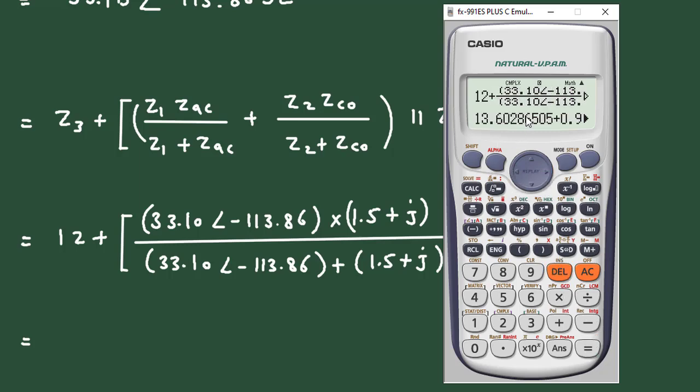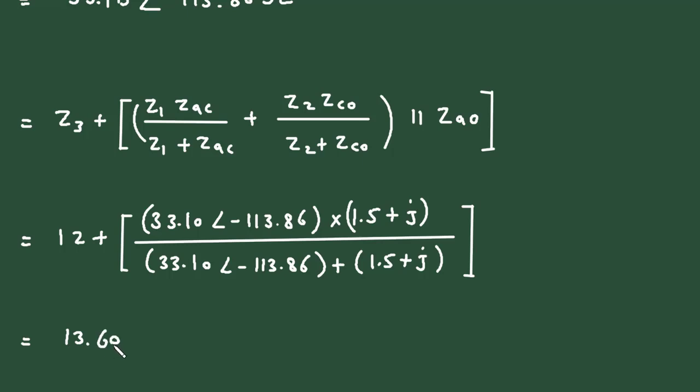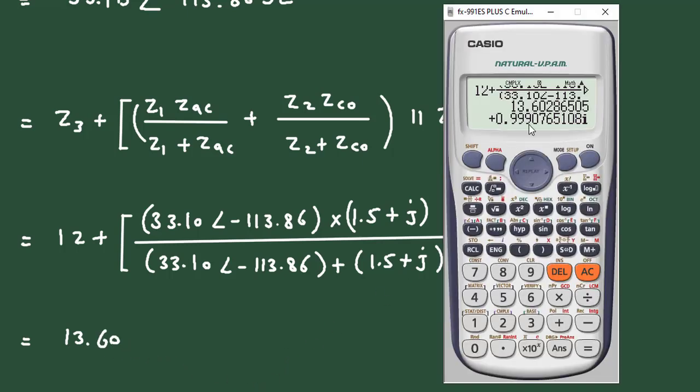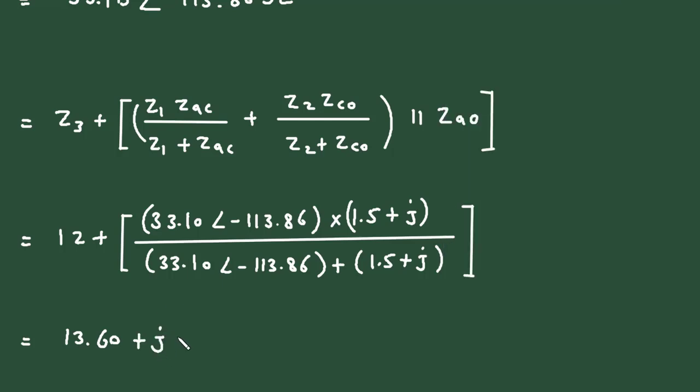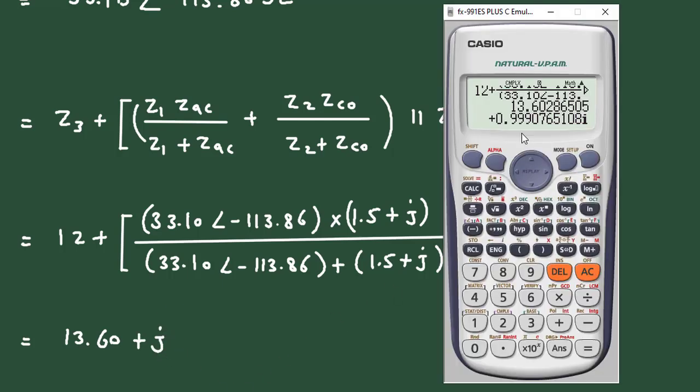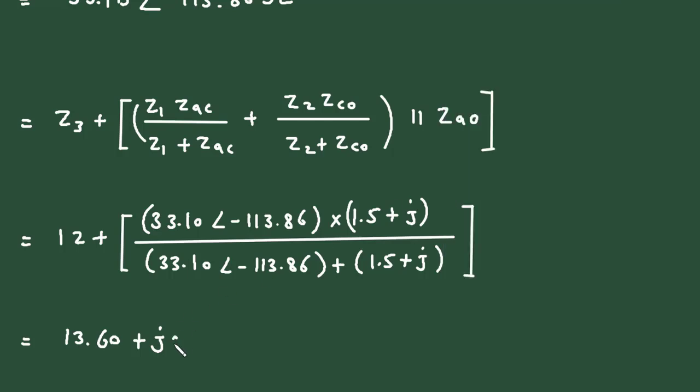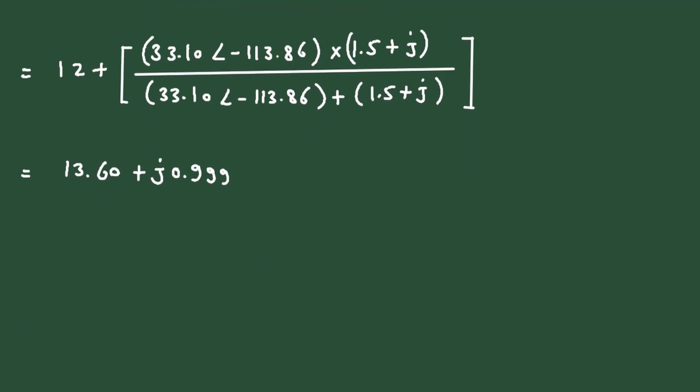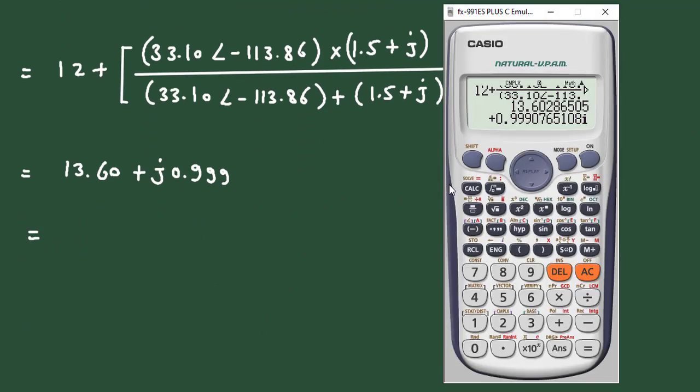Now the answer will be 13.60 plus J0.999. Now we can convert this into its equivalent polar form. Shift 2 3.